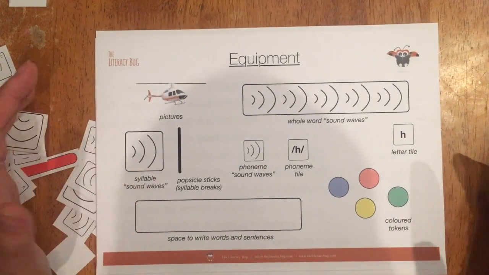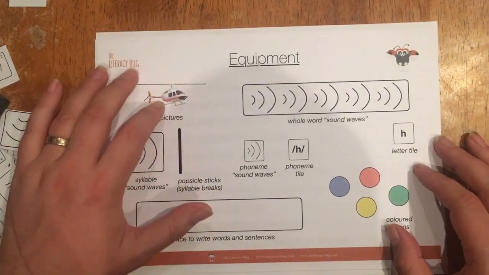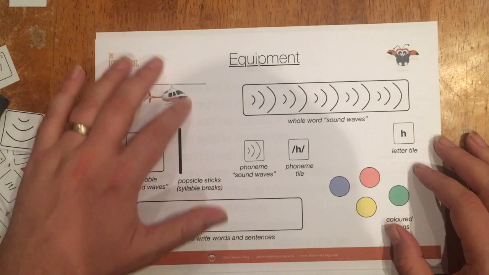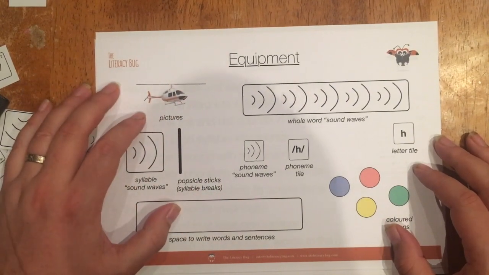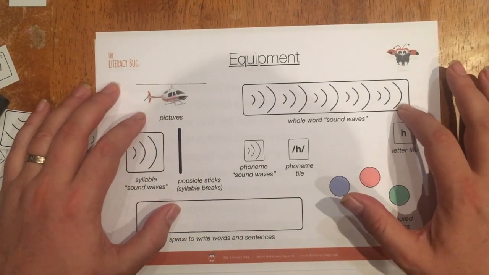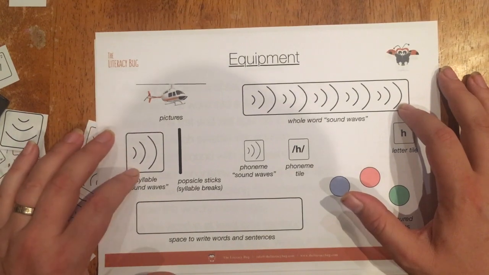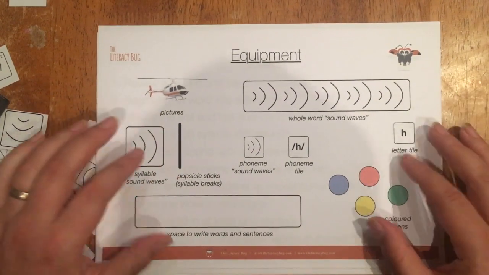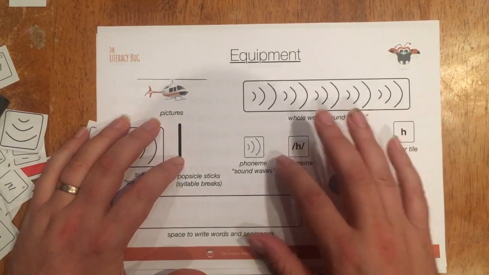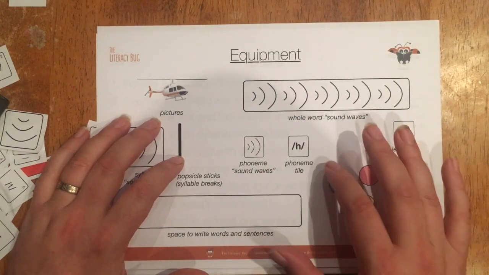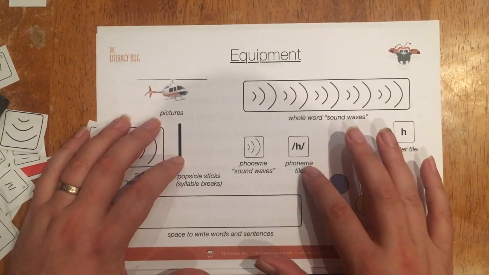But in that explicit environment, the equipment that I used was a set of pictures. I have those whole word sound waves, the syllable sound waves, popsicle sticks, the smaller phoneme sound waves, and then the phoneme tiles.